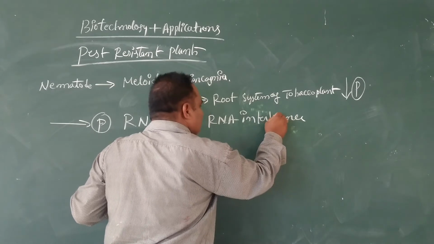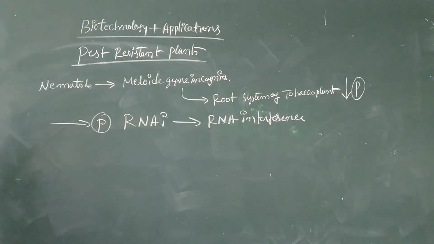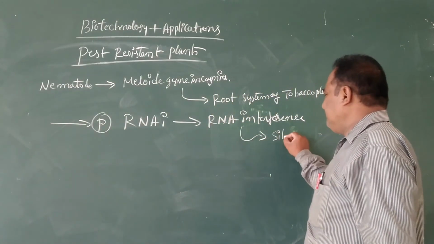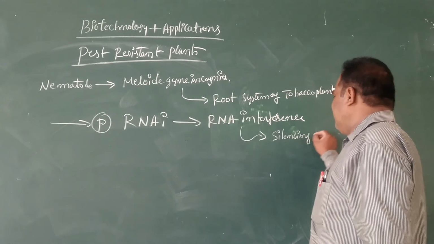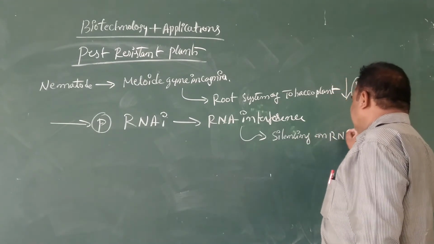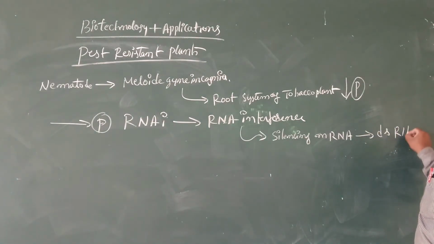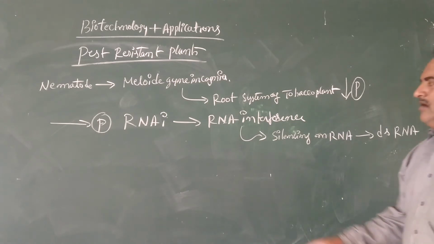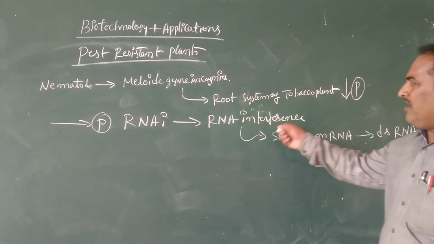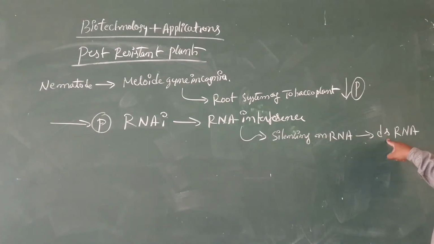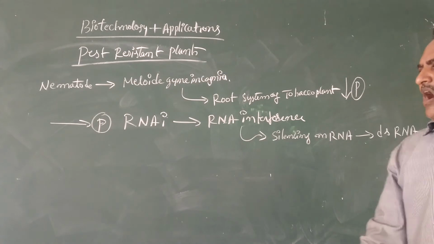RNA interference is used to avoid the infection of Meloidogyne incognita. Usually RNA interference silences the mRNA by forming dsRNA, double-stranded RNA.